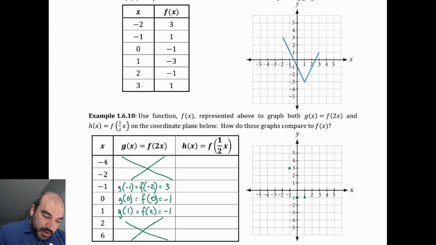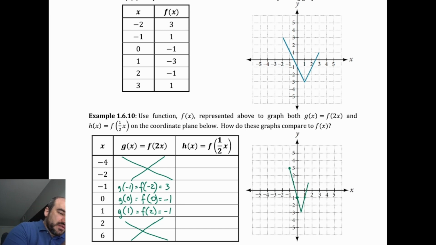This is going to go all the way down here and then come back up to here, because the range of the original graph gets retained.